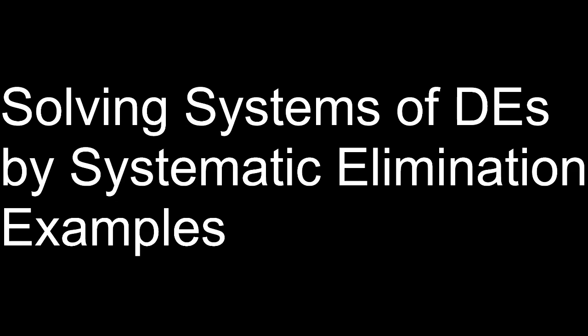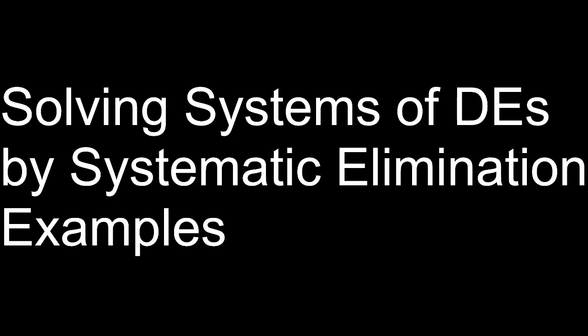In each of these examples there are two dependent variables, x and y, and they both depend on an independent variable, t. And we're trying to find functions x of t and y of t that satisfy every equation in the system.